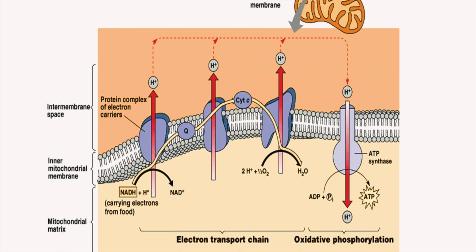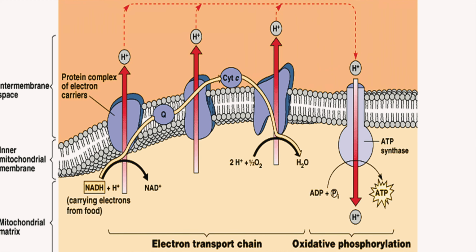ATP synthase is a channel protein, but it's also an enzyme. As the ions flow through ATP synthase, the energy from that flow of hydrogen is utilized to phosphorylate ADP molecules. And that's what's producing all of the ATP. The more hydrogen that flows through it, the more it can phosphorylate ADP.